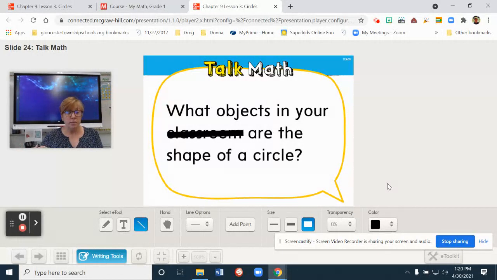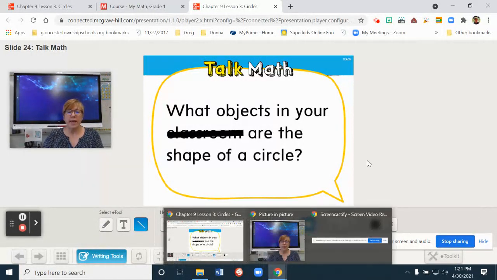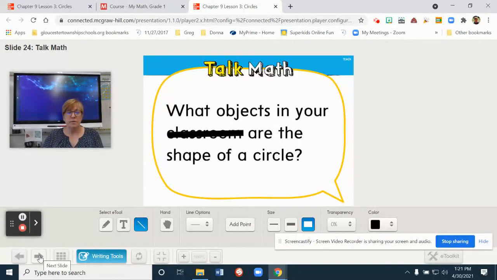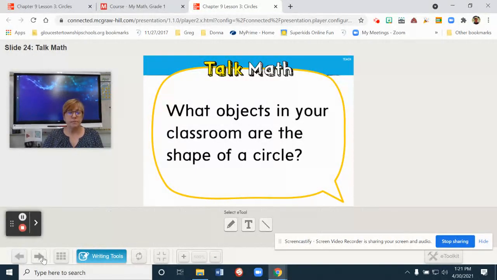Now, for me, I have an analog clock up on the wall. So that is a circle, okay? And maybe you can find a couple things that are in your home, okay? And then share it with us. All right, let's move on.